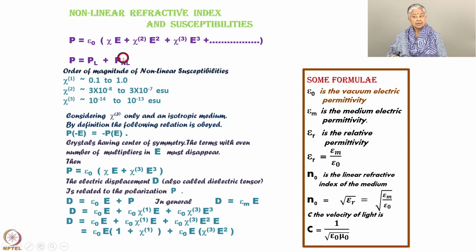That is why in normal light, not laser light, in interaction with a medium, you will see the polarization at most in the first order only. You will not see these effects at all, because chi 2 is so tiny and chi 3 is even tinier.